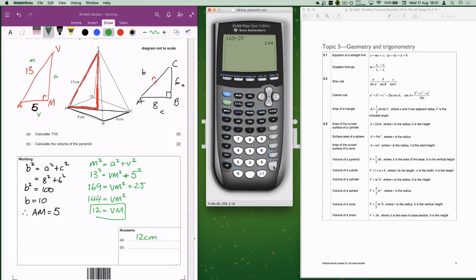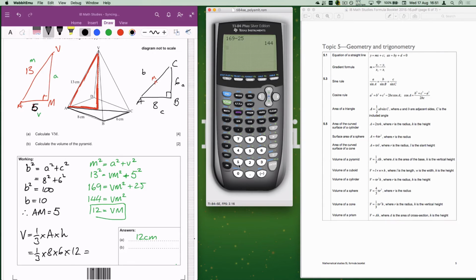Calculate the volume of the pyramid. Now this is just a simple formula. If we have a look at the geometry and trigonometry in the topic 5 section, you see the volume of the pyramid is equal to 1/3 times the area of the base times the height. So volume is 1/3 times A times H, which is 1/3 times 8 times 6 times 12.